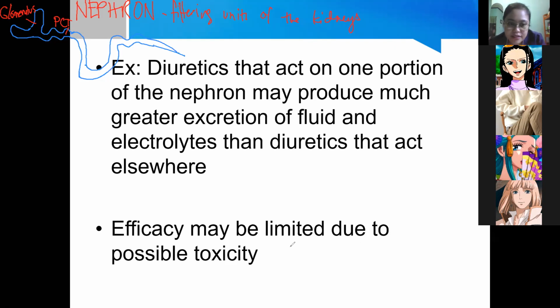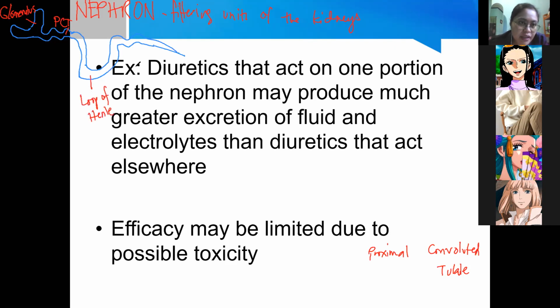Let me write it. And then this one is called the loop of Henle. And then this one is the distal convoluted tubule. And mag-end na siya dito sa collecting duct. So, dito na siya padulong sa may bladder na banda. Urinary bladder. Collecting duct.